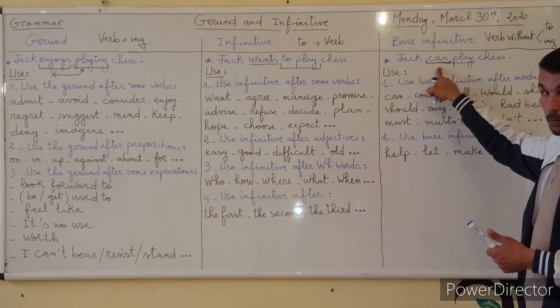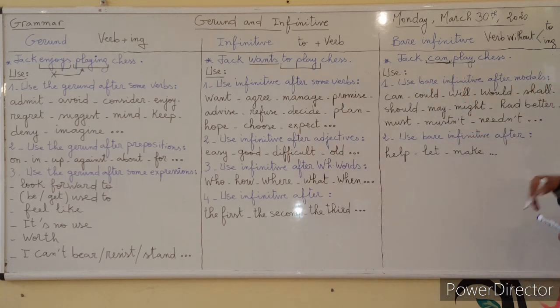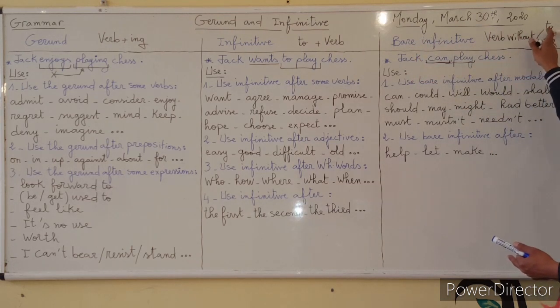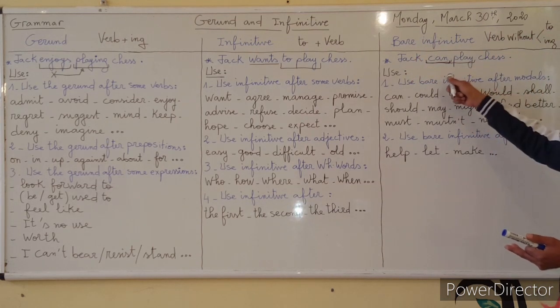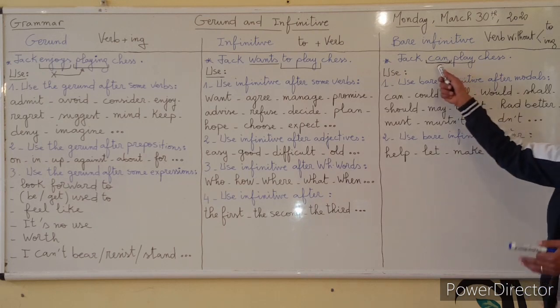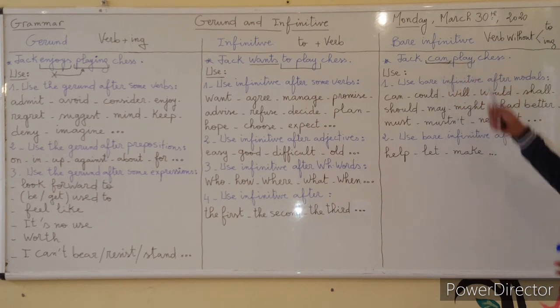So can is modal, and modals, as we will see later on, must be followed by verb without to or without ing. So we are going to say Jack can play chess. I can do my homework now. She can watch it quickly, etc. So whenever we have can as a modal, it must be followed by bare infinitive.